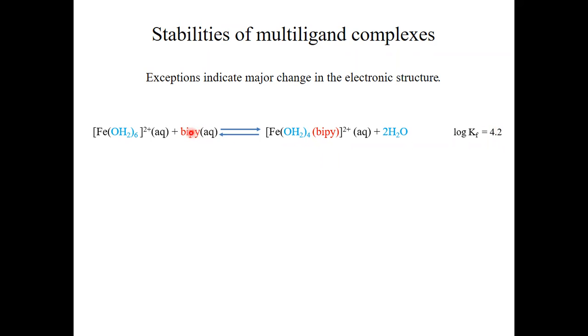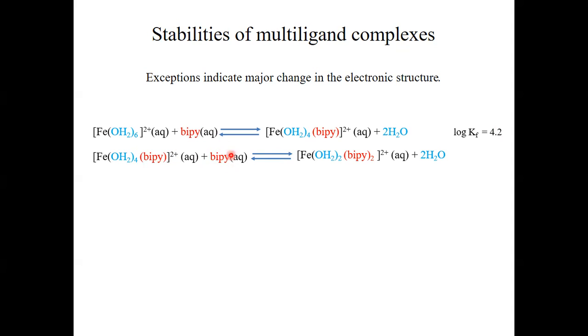So then we can add more ligand and replace another two water molecules from the complex to give a new complex. We'll start out with this one here, that would be the tetraaqua bipyridyl iron 2+.